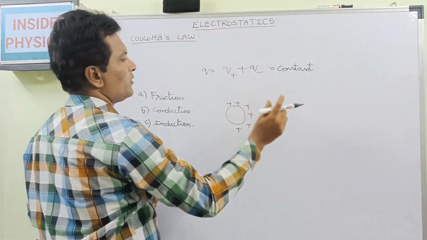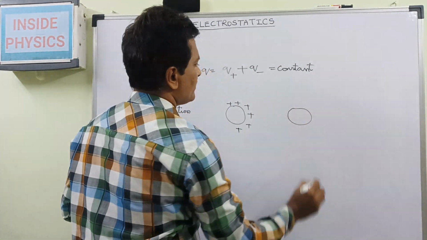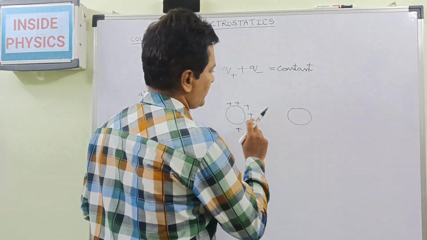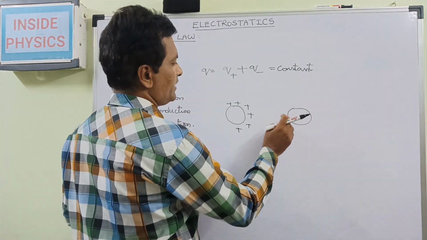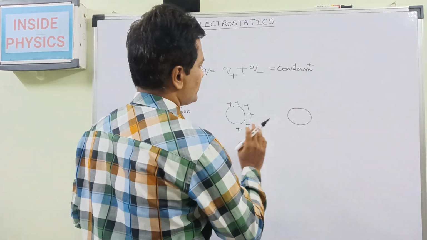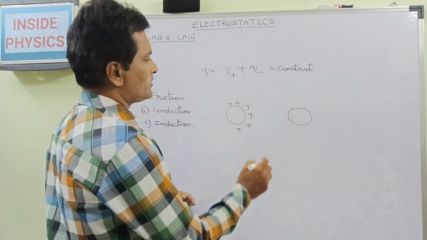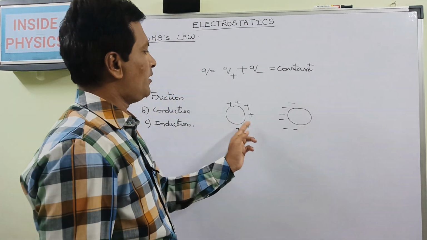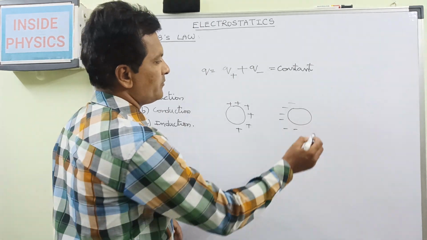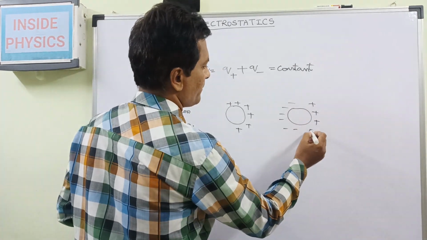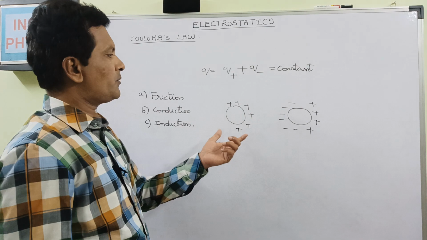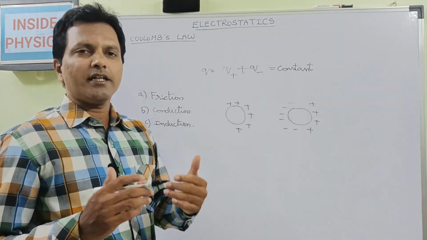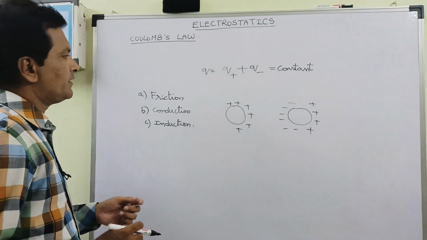If the charged body comes close to the neutral body, then on the nearer side the opposite charge will be gained because of the attraction, and the farther side will have the opposite of that. That means this side will become a positive charge. This is the process of induction without any physical contact.